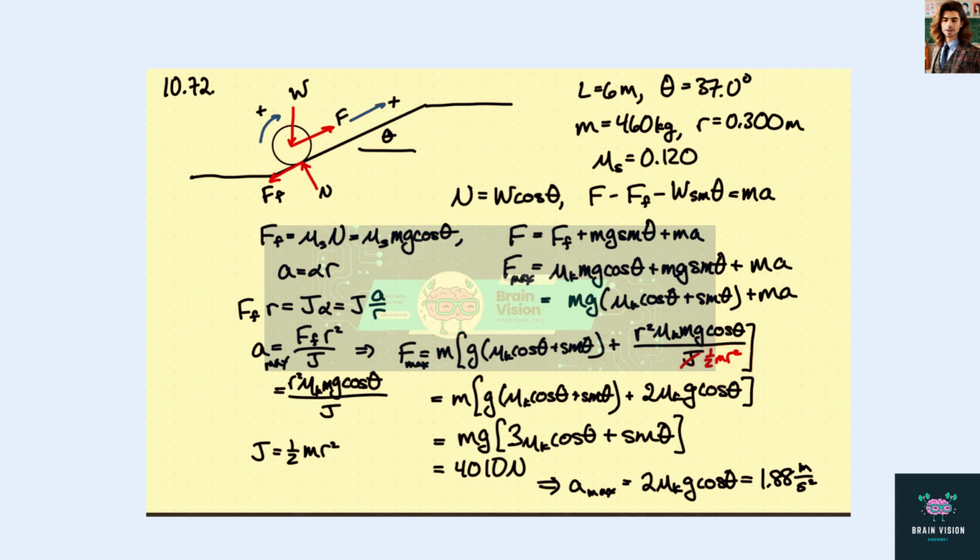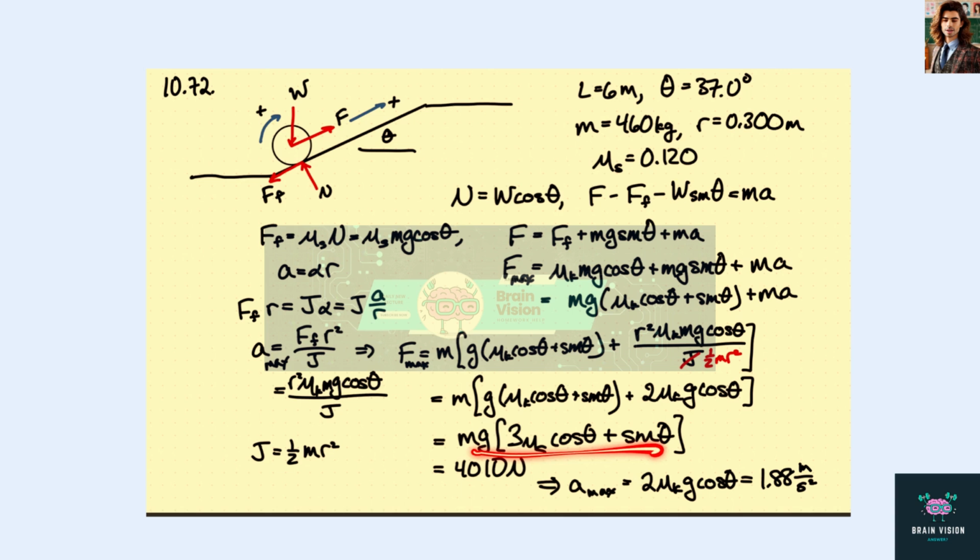After some algebra, we get mg, the weight, times this factor here, 3 times the static coefficient of friction times cosine of theta plus sine of theta. You can think of it as the weight factored by this.